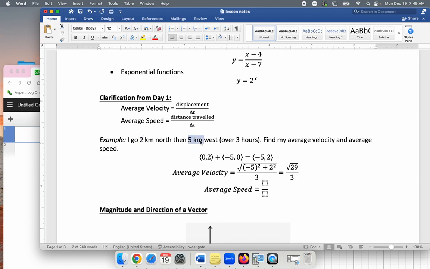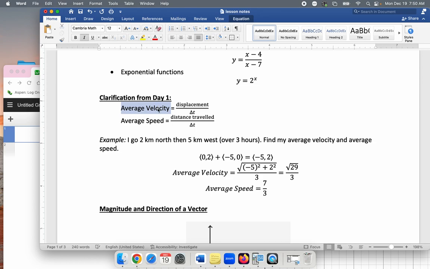So 7 kilometers is how far I actually went, which is a little bit more than this number right here. So the numerator for average speed would just be 7 kilometers, and the amount of time elapsed is still 3, so 7/3 kilometers per hour. That would be the difference between average velocity and average speed.